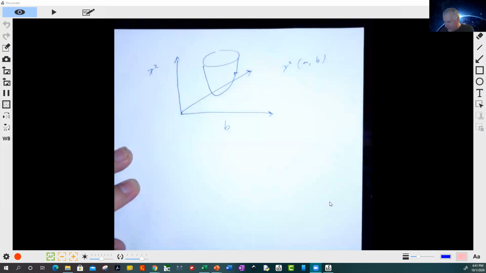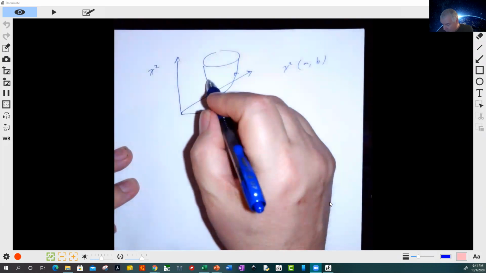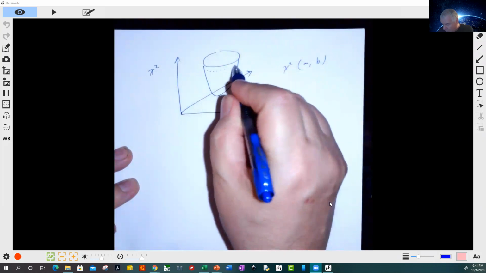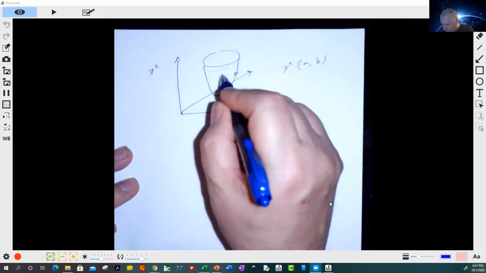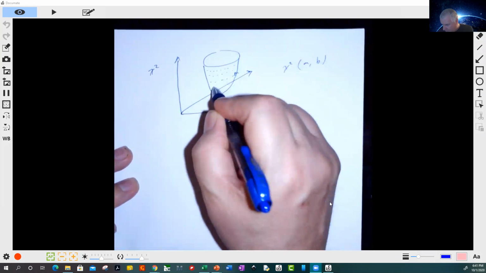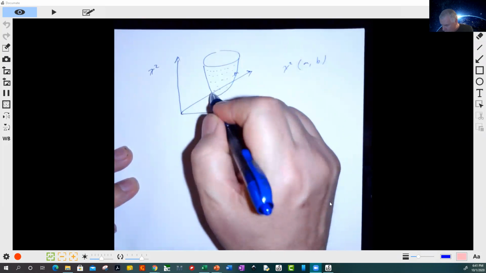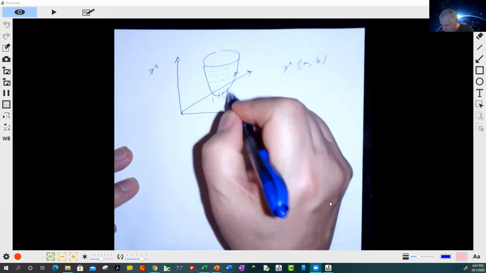So the effect is that there's a parabola of revolution in the MB plane. Every point along this periphery corresponds to a different point in the plane.